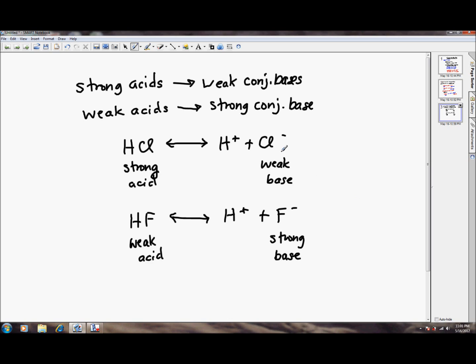Okay, now remember that weak and strong are relative terms. All you need to memorize is the 6 strong acids. This is just something to know, that there's a relationship between the strength of the original acid or the original base and its conjugate. So its conjugate is going to have the opposite. Okay, now it's your turn to practice finding conjugate acids and bases.